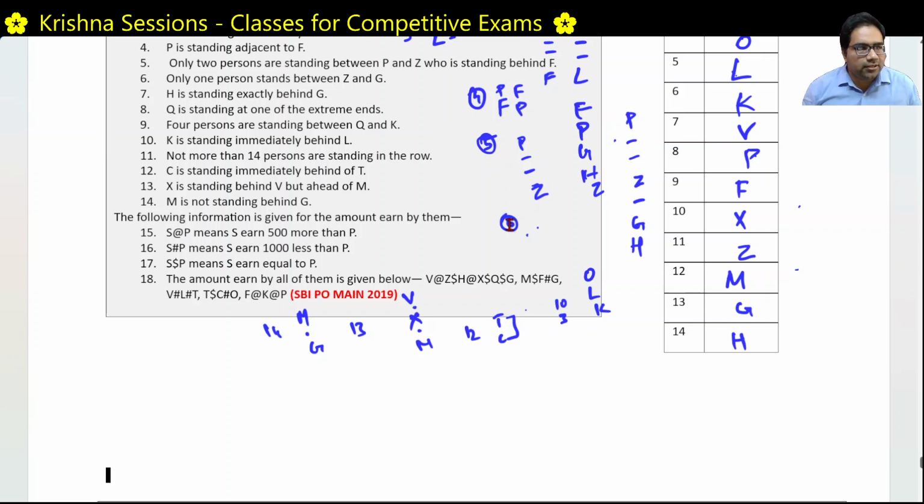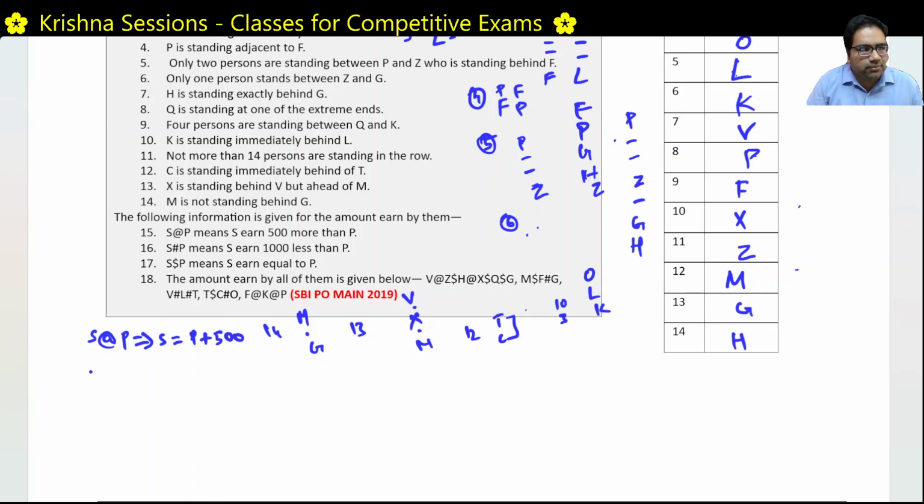Rule number 16. S at the rate P means S earns 500 more than P. So what does that mean? S is equal to P plus 500.